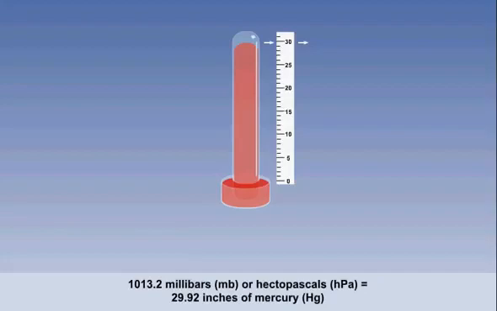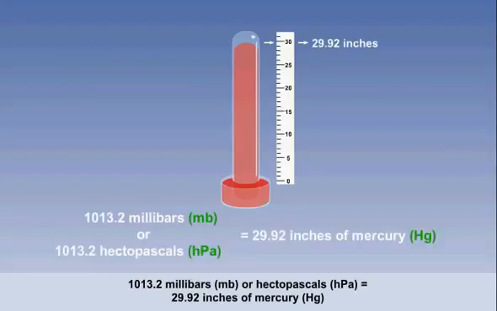However, elsewhere it is more common to use the millibar or hectopascal to measure atmospheric pressure. This uses a different scale, but for comparison, 1013.2 hectopascals is equivalent to 29.92 inches of mercury.